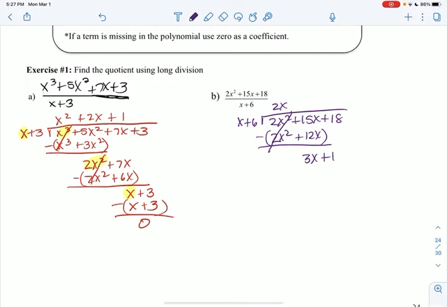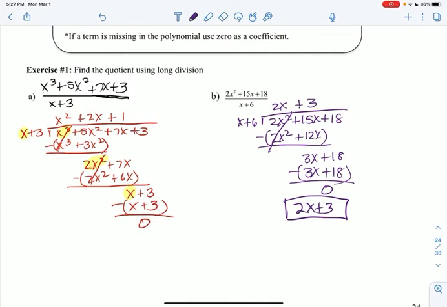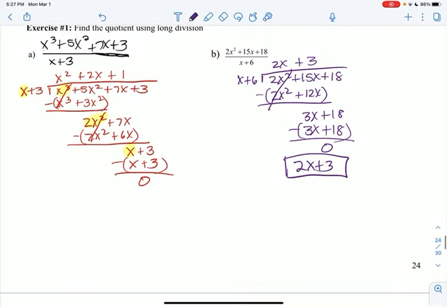Bring down the 18. x goes into 3x 3 times. 3 times x is 3x. 3 times 6 is 18. And I subtract that. I'm left with 0. So my answer is 2x plus 3. That's what I get when I divide 2x squared plus 15x plus 18 by x plus 6.